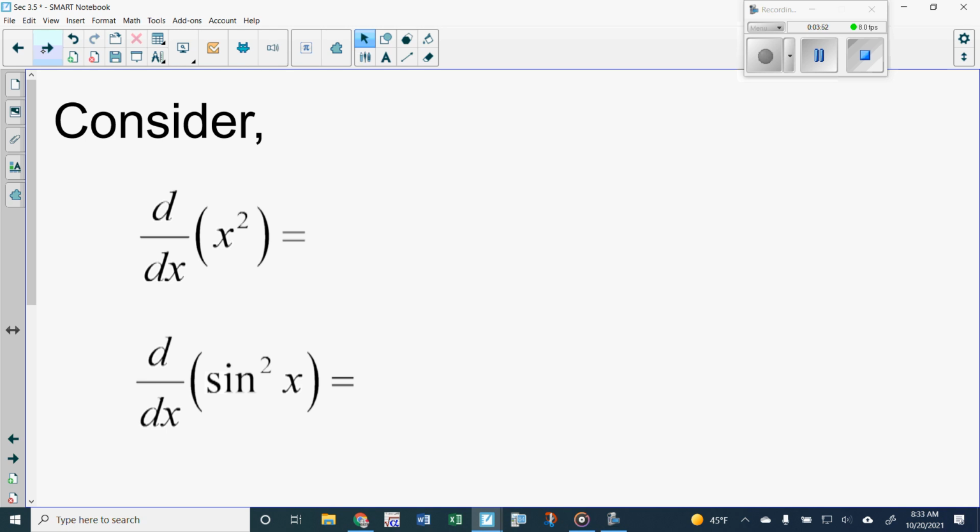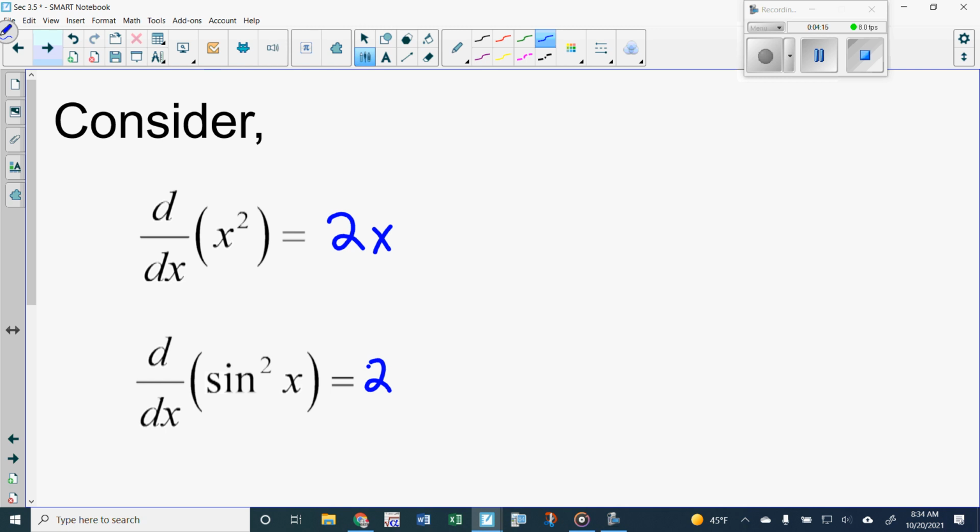Let's consider this. What is the derivative of x squared? 2x. Good. What is the derivative of sine squared? What's the derivative of sine? Cosine. So this is 2 cosine?